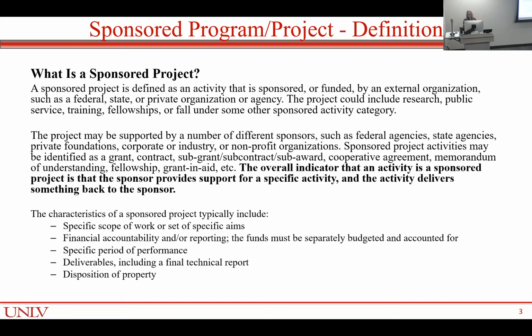It's not meeting that sort of benefit on both sides. It's more of an award directly to faculty. So our office will make that determination if that's something that runs through your department or if it needs to run through sponsored programs.